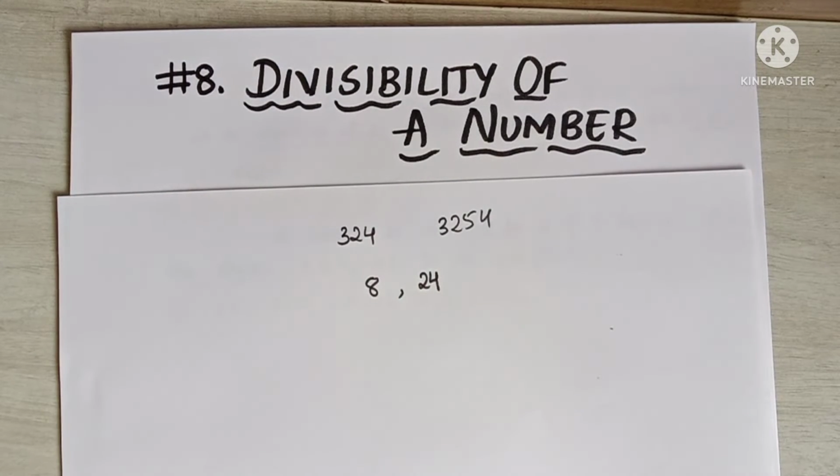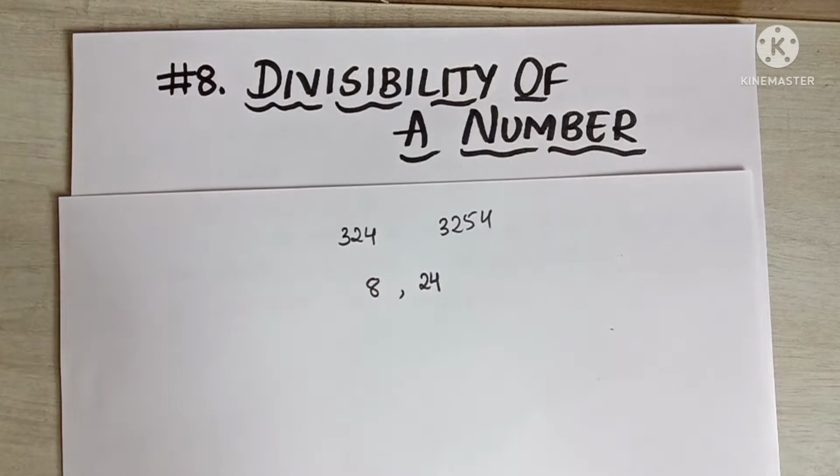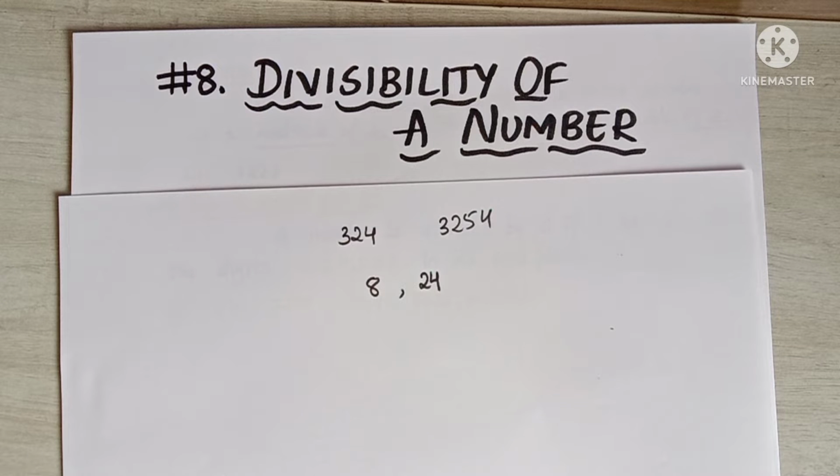Can you divide it quickly? You can try 2, 3 and divide, right? But if you know the trick of how to divide a number, then you will answer this in a fraction of a minute. So let us see how these numbers are divided.